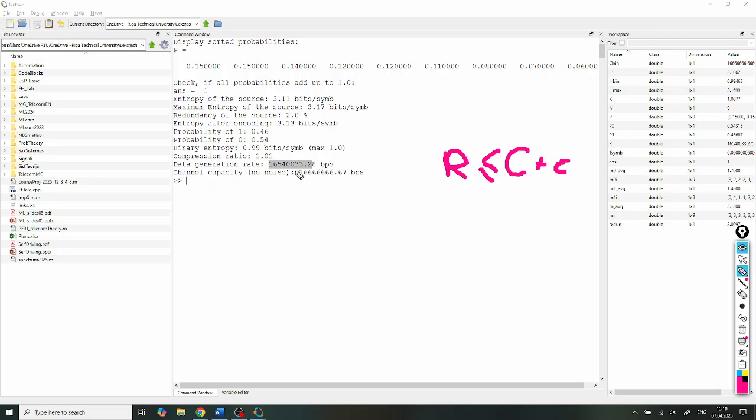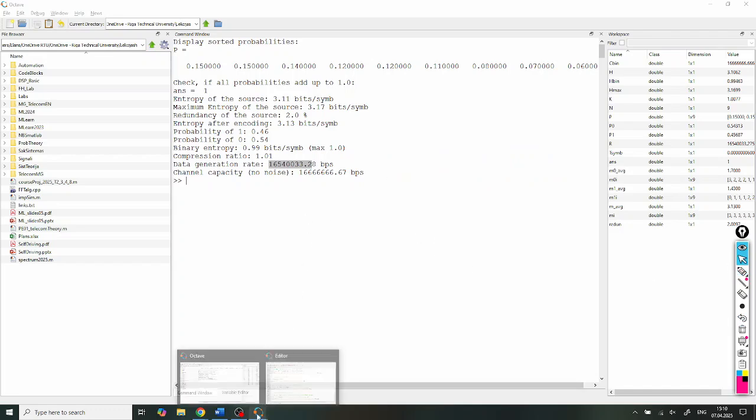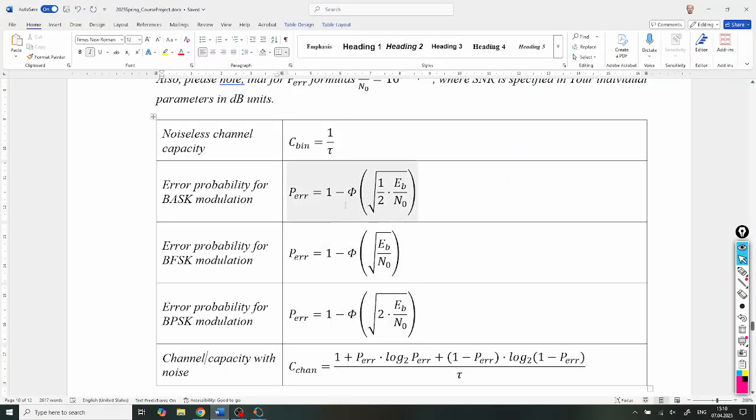So as long as we don't have noise, everything is fine. But noise is going to reduce this capacity. And what's going to happen then? Let's see that. Before that, however, as you have seen in the formula, we need to estimate the probability of error depending on your signal to noise ratio and modulation type.